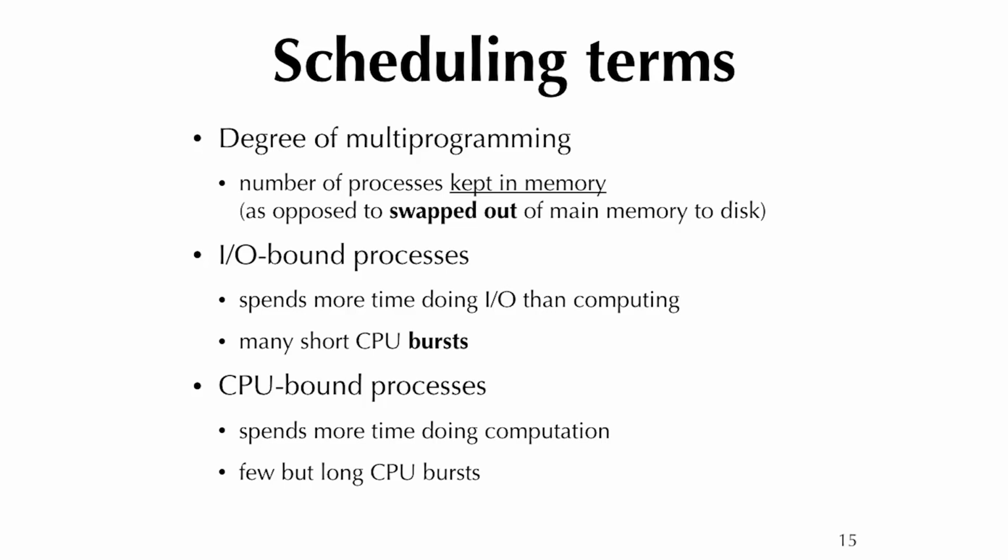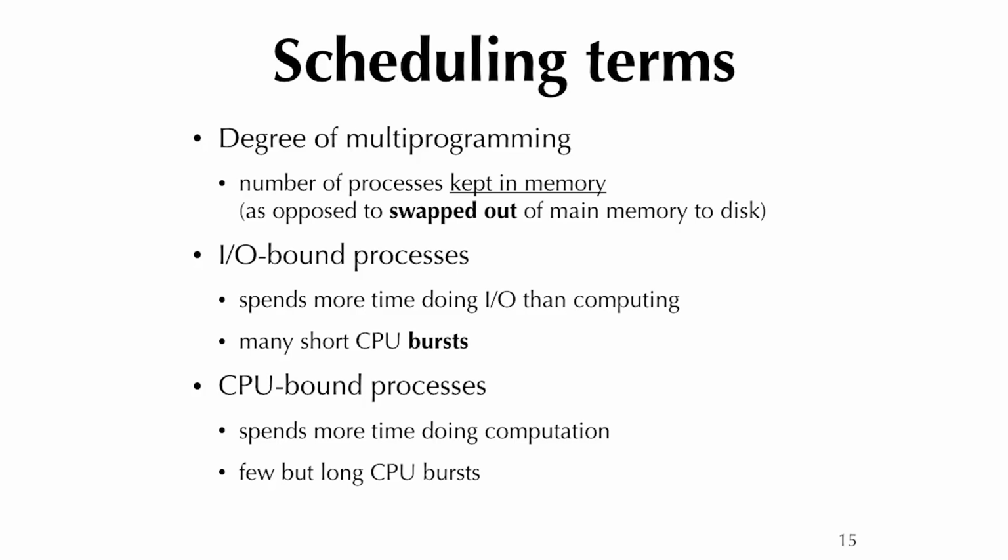Now, degree of multiprogramming is the number of processes that's kept in memory. Because there's a separate term called swapping. Swapping is actually saying, well, there's a chunk of memory that I'm probably not going to be using for a while. But I can just wipe it out or reuse it. I better save it. So where does it save?